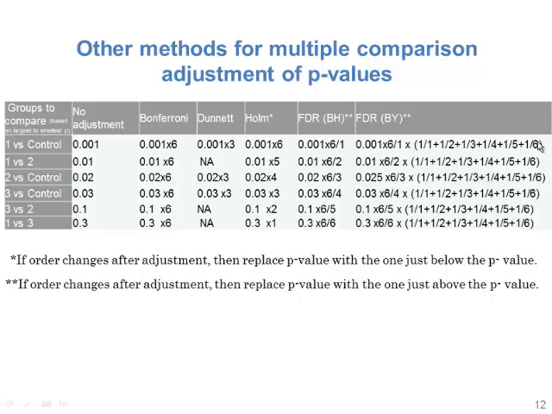If you have a total of 10 tests, you continue 1/1 plus 1/2 and so on up to 1/10, so you just add up 10 numbers. This multiplication is the same for all p-values, and therefore the order for the BY method and BH method would be the same. In the BY method, the p-value is larger than in the BH method because this component is greater than 1, right?